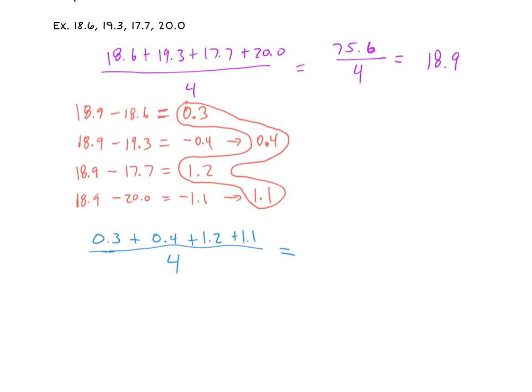When you add them all together, you get 3. We're still dividing by 4. 0.75. So our mean absolute deviation is 0.75.